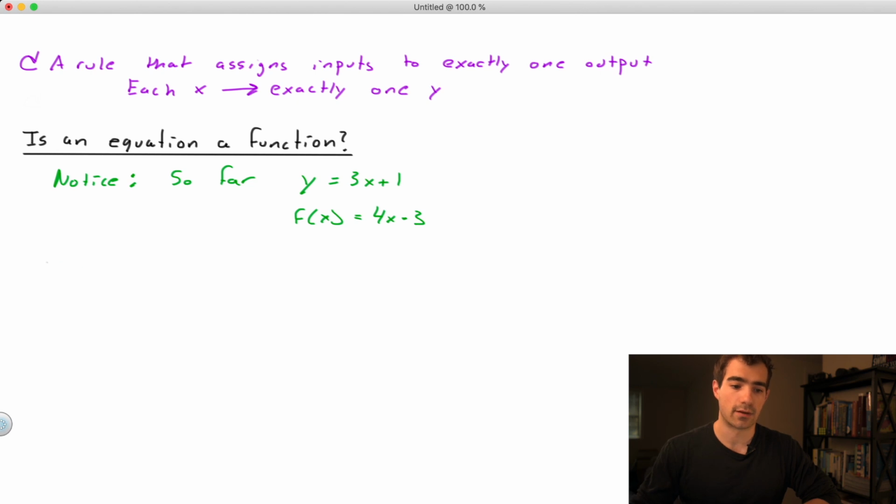And so our goal here is we'll need to solve the equation for the output, if it's not already in that form.